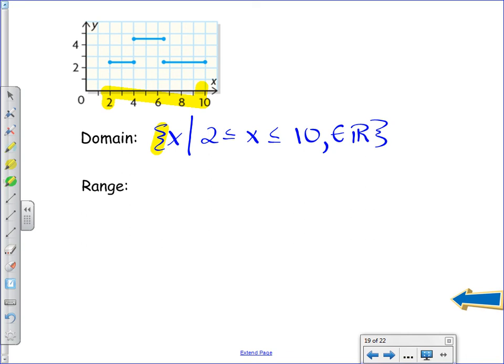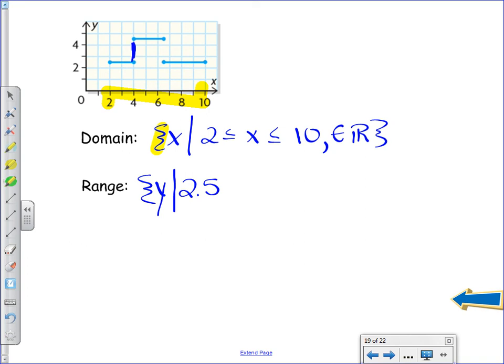My range is a little bit different. Y such that, what is my range here? What would I put for my range here, Robbie? Okay, no. I don't use that because it does not include, there's no y values in between here.